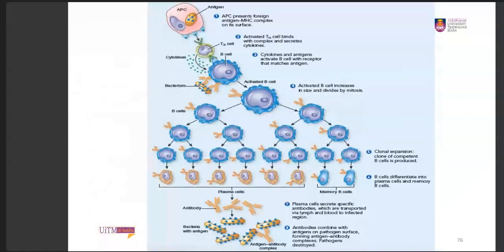Once the B cell binds to the specific pathogen, it can also engulf it. Through what process? We learned before, receptor mediated endocytosis. So the B cell can also bring it in, and becomes an APC too.